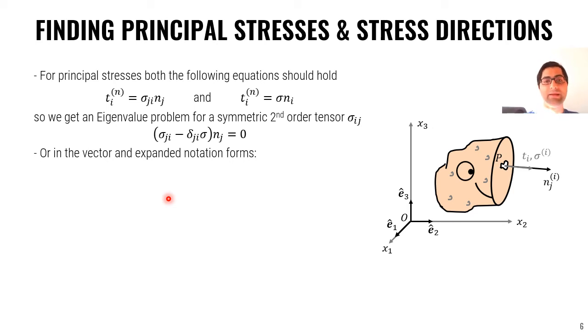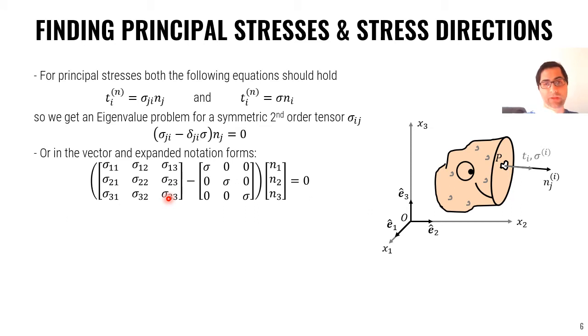Let's expand it in vector and matrix notation forms. Sigma is a 3x3 tensor. Delta ji sigma is a diagonal second order tensor with all off-diagonal elements being 0, and nj is basically a column vector representing the normal vector of a plane.